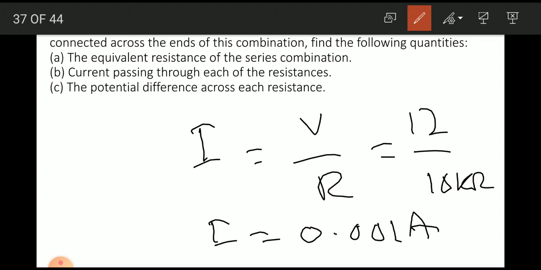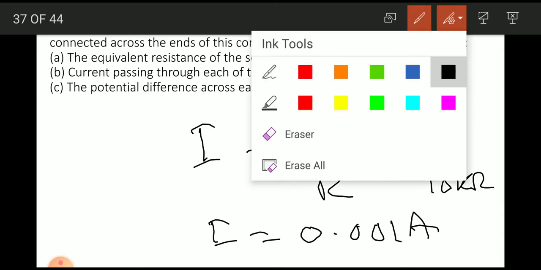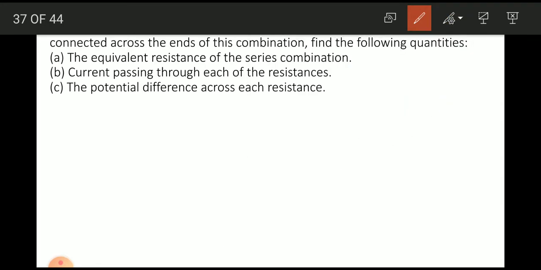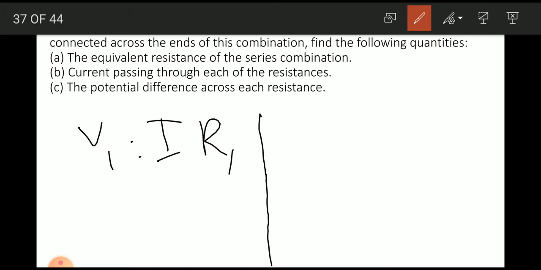Now next is the potential difference across each resistance. So write V1 is equal to IR1 and V2 is equal to IR2.